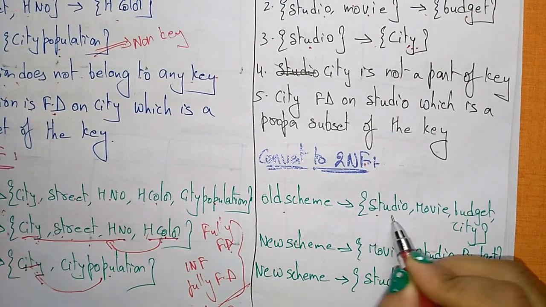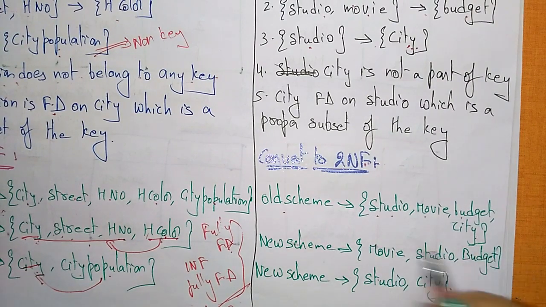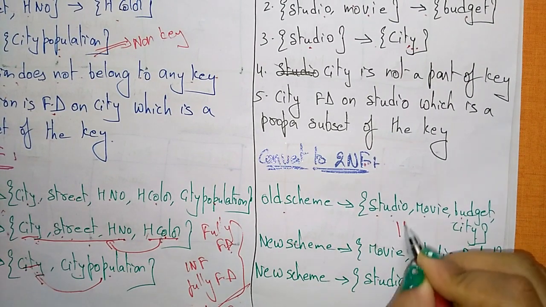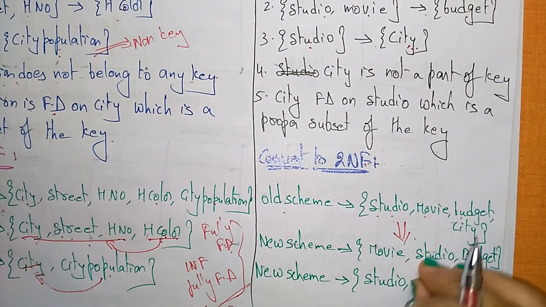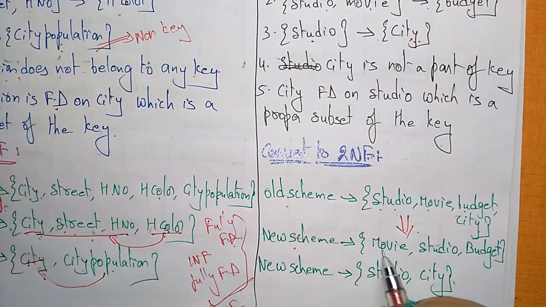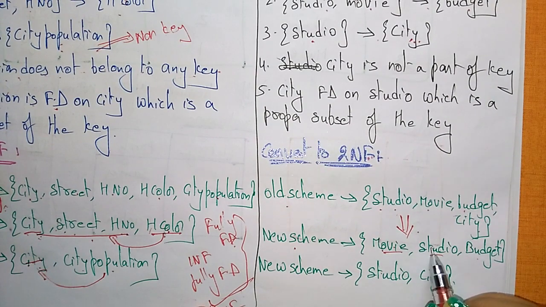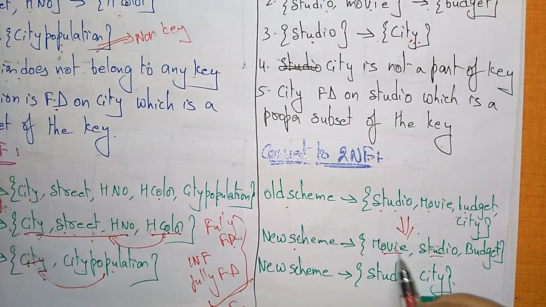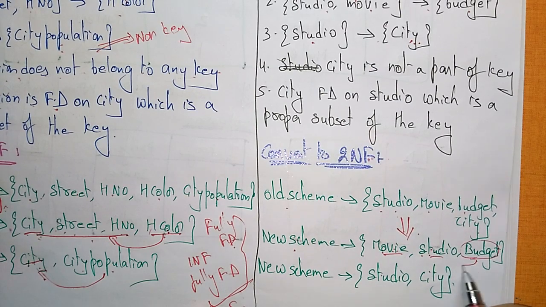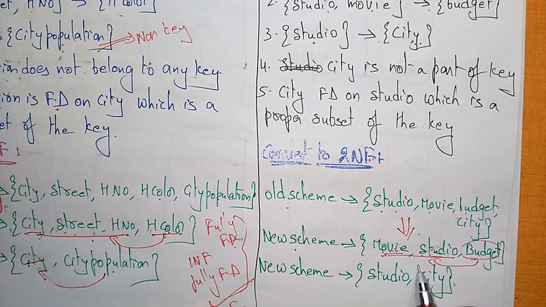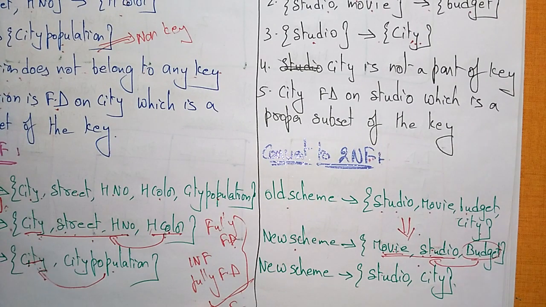The old table consists of studio, movie, budget and city: four attributes. Now I am decomposing this table into two tables. In the new schema, one table consists of movie, studio and budget. Movie and studio are the primary keys, and budget is a non-key attribute depending upon these two key attributes, so it is fully functionally dependent.